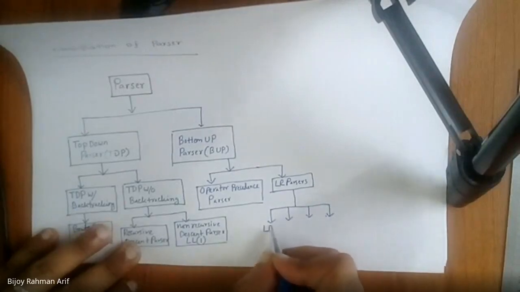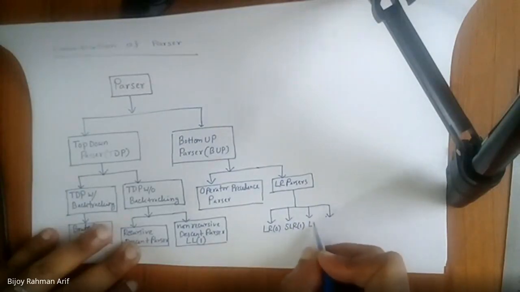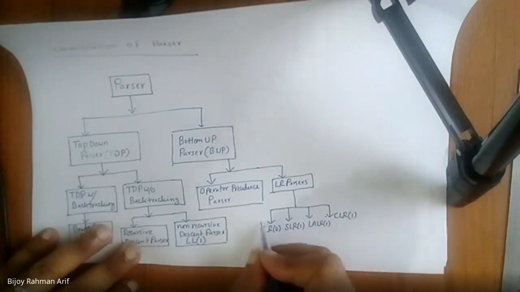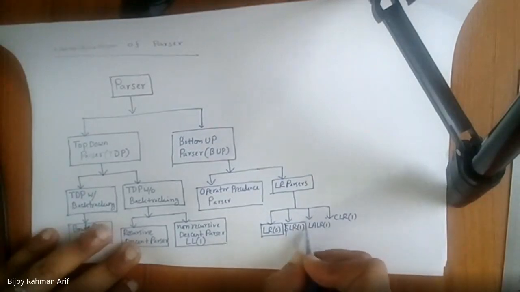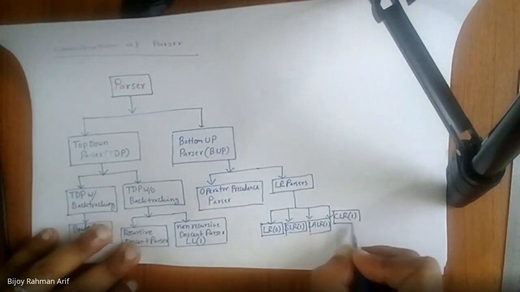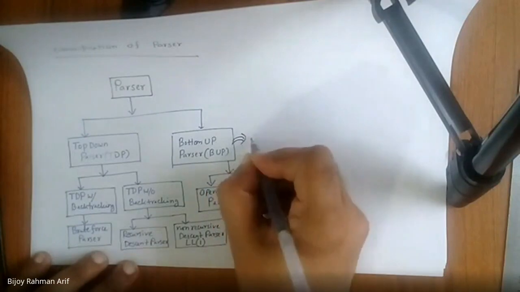First one is called LR0, second one is called SLR1, third one is called LALR1, and fourth one is called CLR1. So this is the classification of parsers. Now, bottom-up parsers are also called SR parsers.